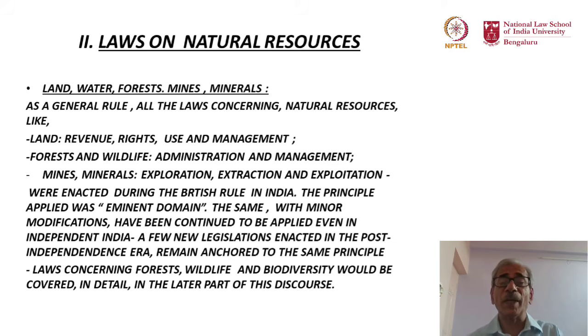The state has the power of acquiring your land for a public purpose, even though it is privately owned by you, by compensating you, because the larger public interest would demand that your individual interest be subsumed under the larger public interest, and the state will act for the larger public and national interest. And the state agency is empowered to act in those circumstances.